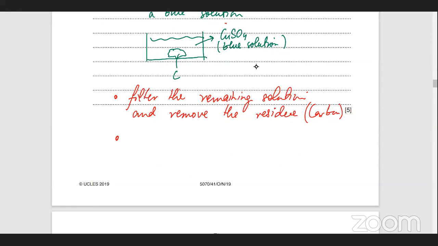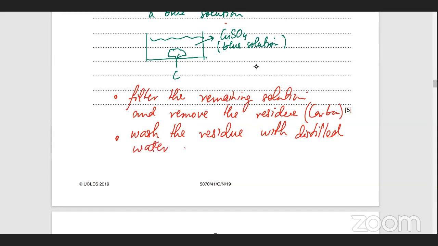So it's going to be, wash the residue, which is carbon, with distilled water. Remember, खाली tap water या water नहीं लिखना, it's always going to be distilled water. And the last thing is dry the residue in sunlight.